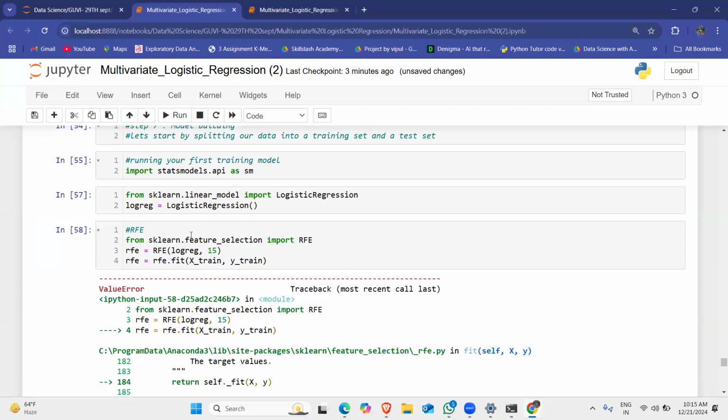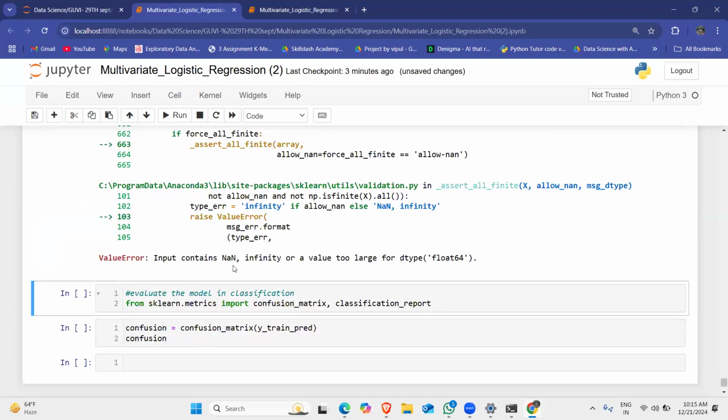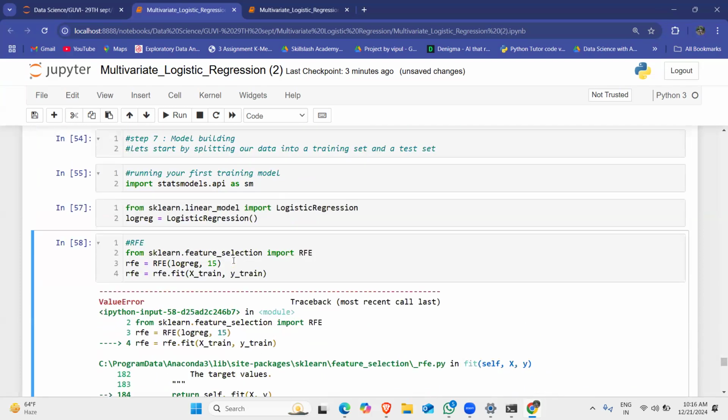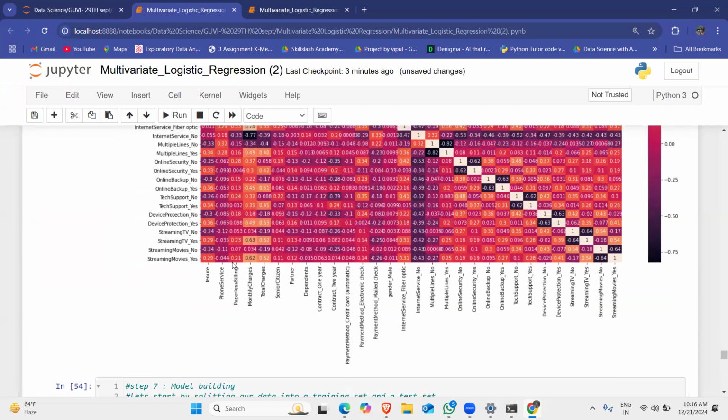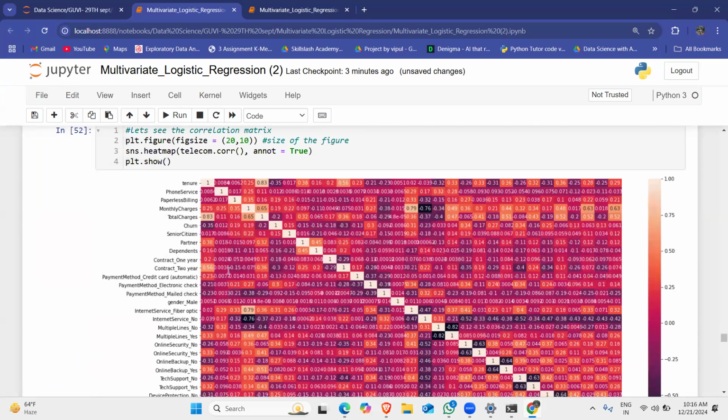This is working. Okay, we need to treat the null values. Did we not remove the null values earlier? Feature scaling, train test split is done.